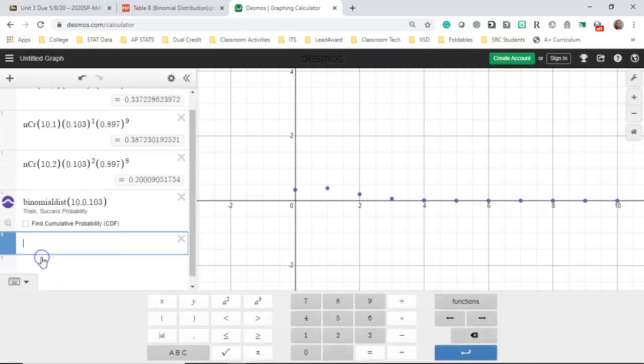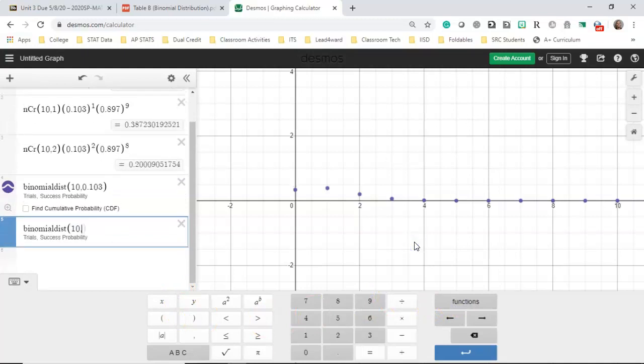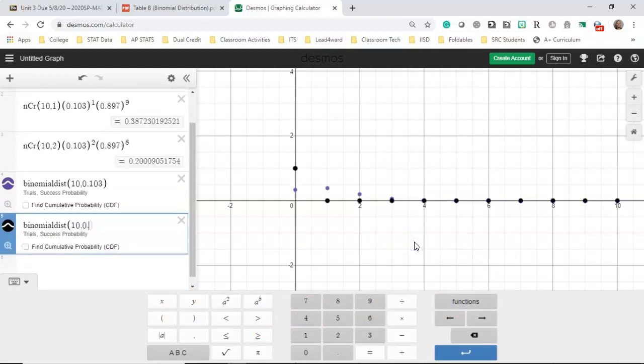That's why I have to change up my numbers, because this distribution here is only based on the percent of dropouts. Because now I've changed the parameter and I've said that X is the graduates, I now am going to change this distribution to still 10, but this time 0.897, and I'm going to hide this.